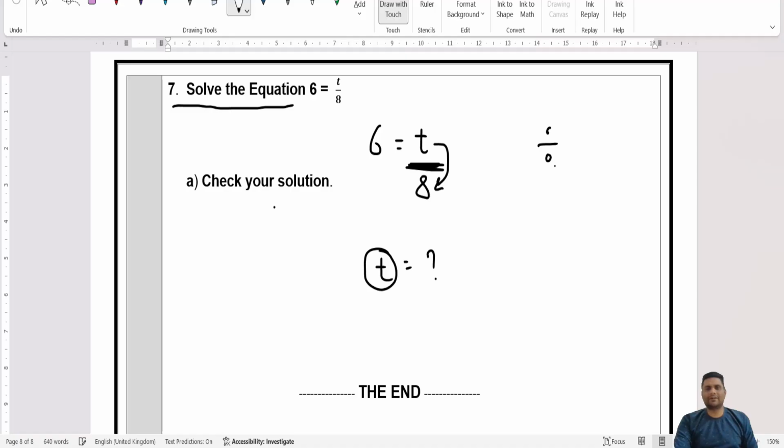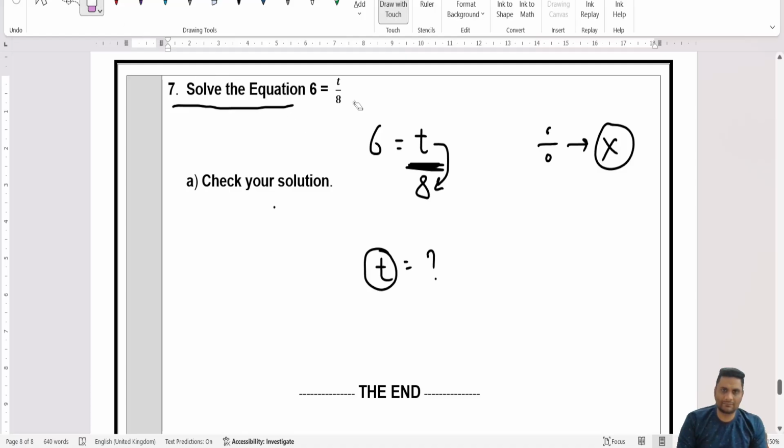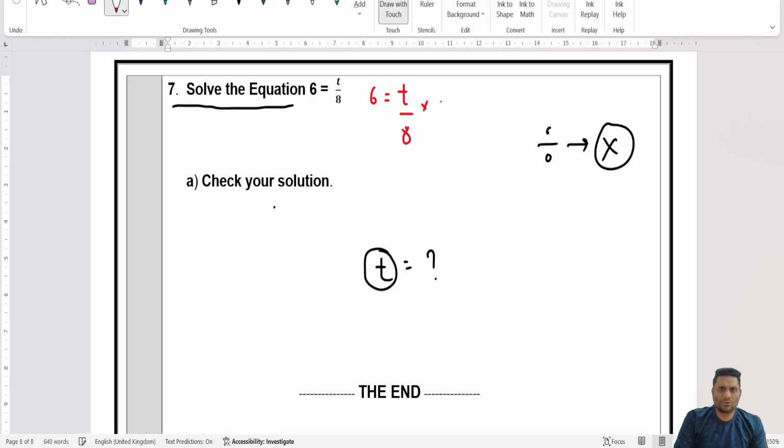So if you see divide, what will you do? The opposite of divide. That is multiply. So to remove the 8, let me just erase it and write it properly again. Okay. So here 6 is equal to t over 8, right? So to remove the taqseem 8, I have to do darb 8, multiply 8.